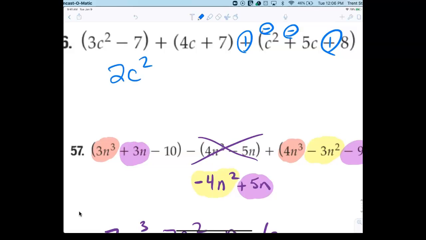Good. And then negative 1c plus 8. Everybody agree? Simple, simple, simple. All right, the end, guys.